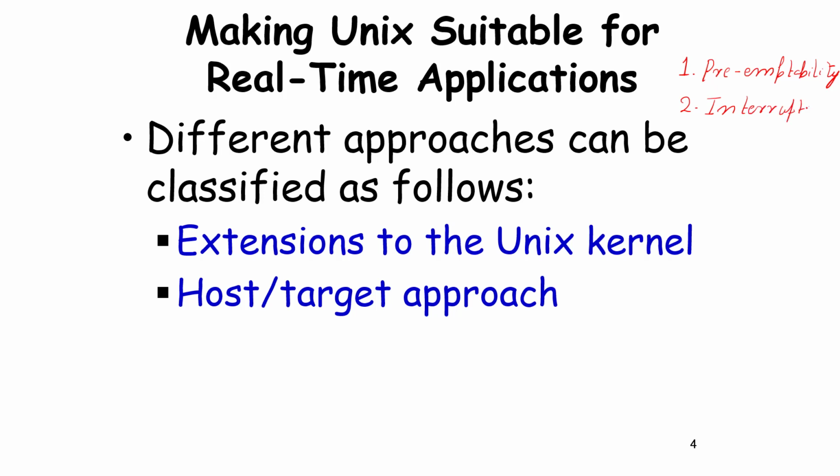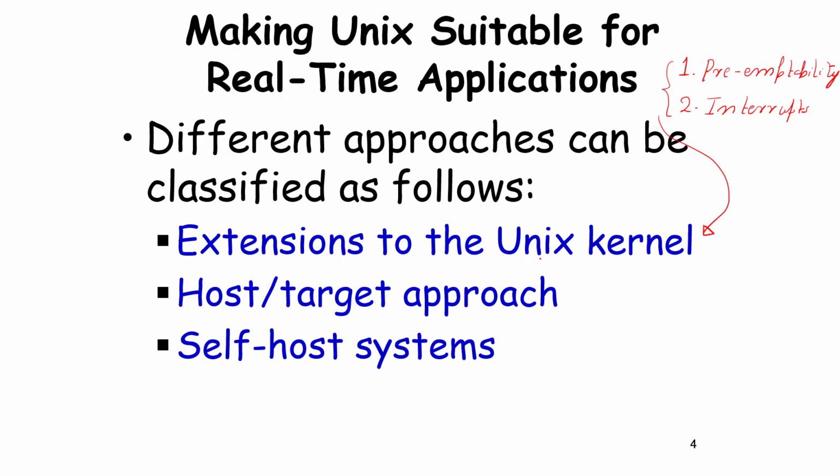So that is why there are a bunch of approaches to make Unix more suitable. So one is, of course, we modify the kernel or modify large parts of it to bring in these two features. The other is a host target approach where the system is developed on the Unix machine and then it is transferred to the target, the real time target.